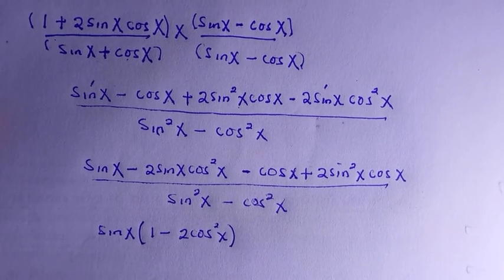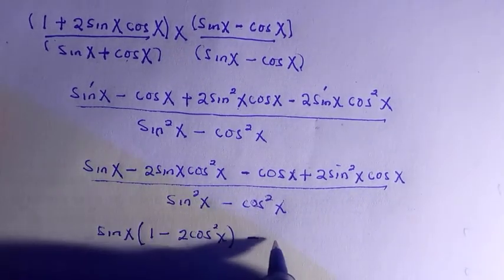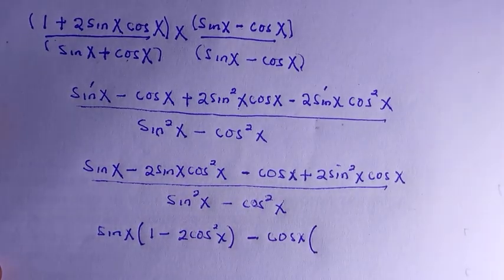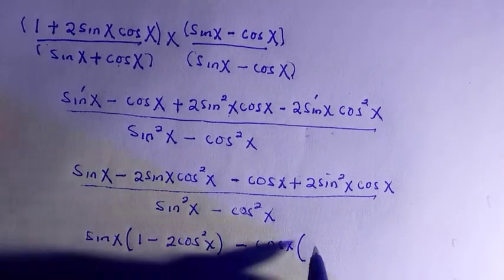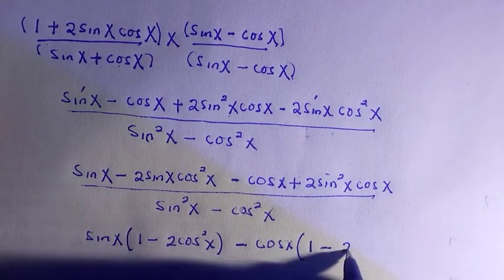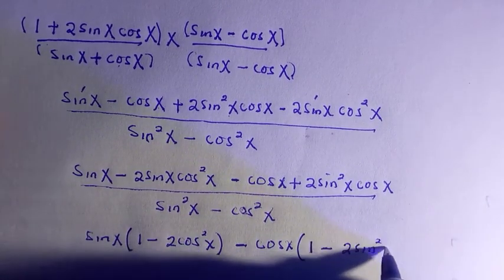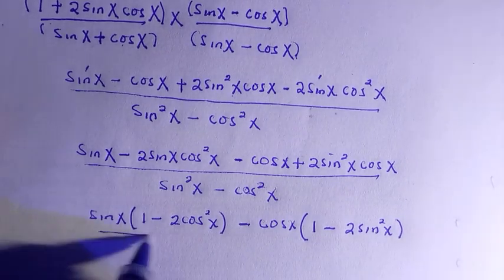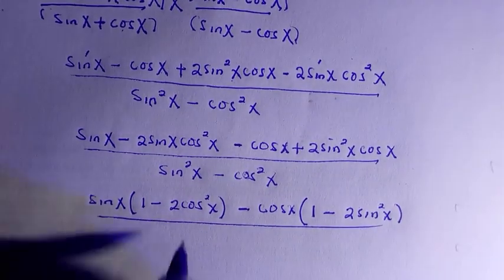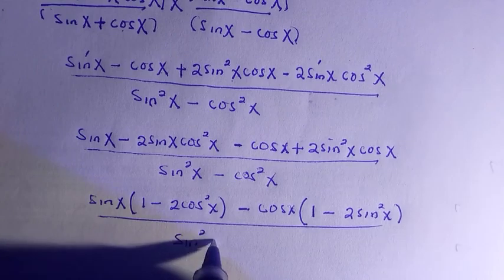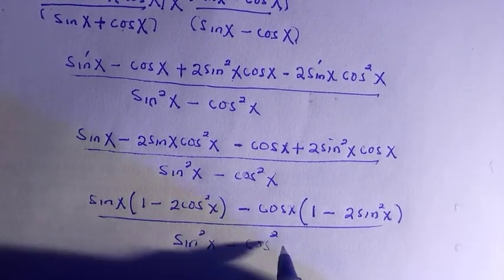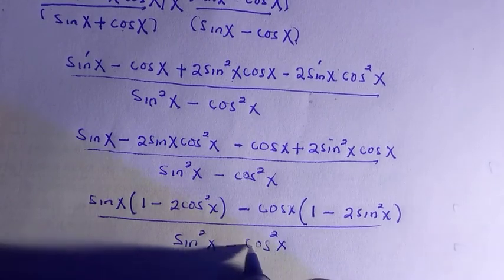For the second one, by taking out cos x, this remains 1, but I've taken out negative, so the positive here changes to negative, because when we expand we get what we have above. And here we have sine square x minus cos square x.